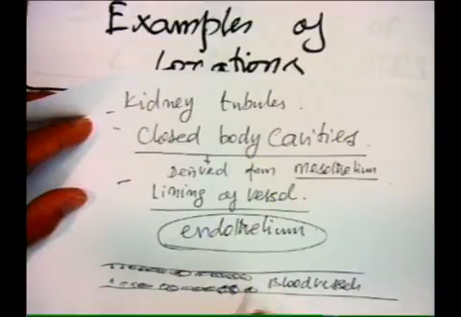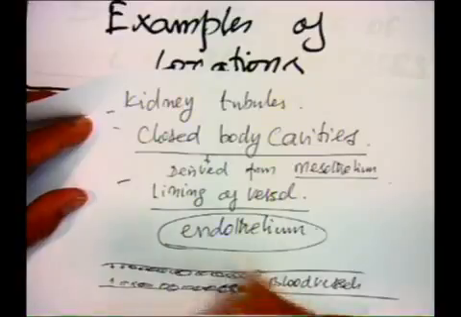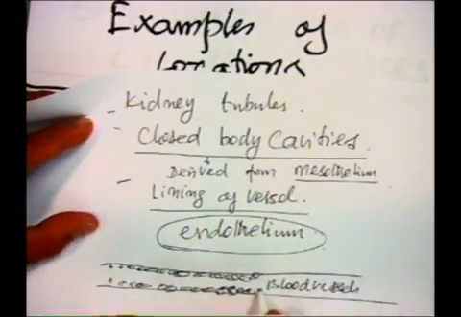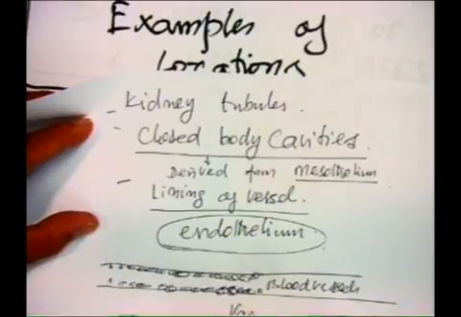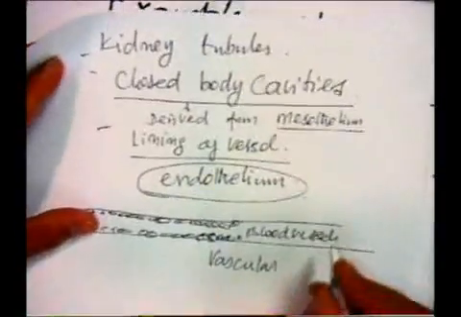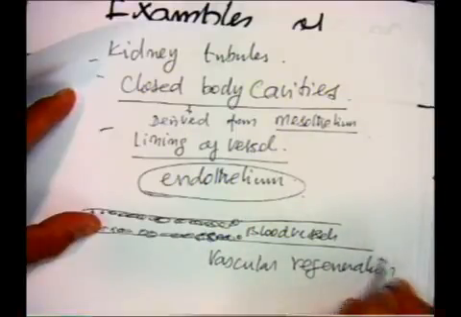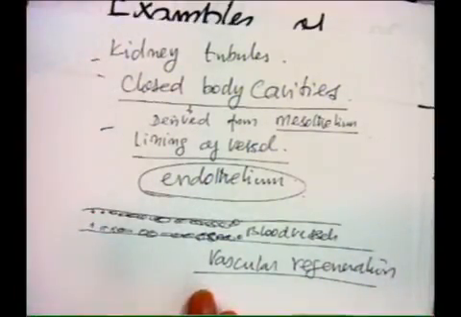That leads to atherosclerosis and other complications. So the endothelium is the one which is more involved in vascular regeneration, meaning blood vessel growth. Okay, vascular regeneration. This is all about the examples of location.